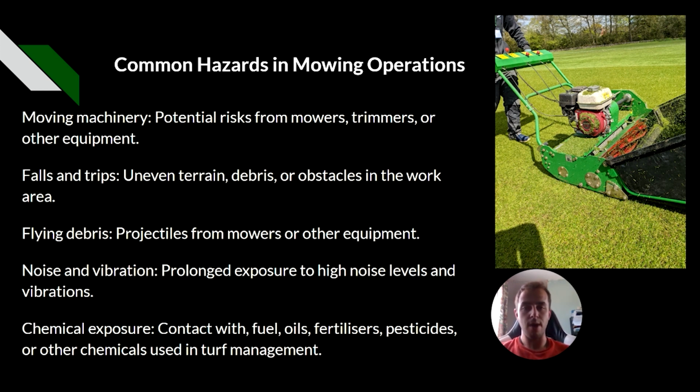Potential risks from the mowers, trimmers, or any other equipment that we use to get that machinery to where it is. This can be things such as trailers. Slips, trips, and falls. We can have uneven terrain, debris, obstacles within the working area. We can have flying debris, which can be projectiles from the mowers or other equipment.